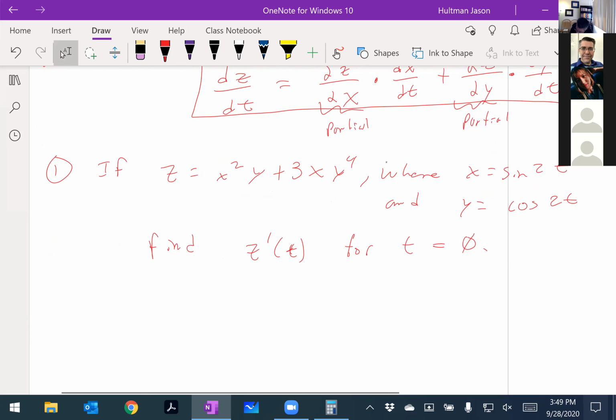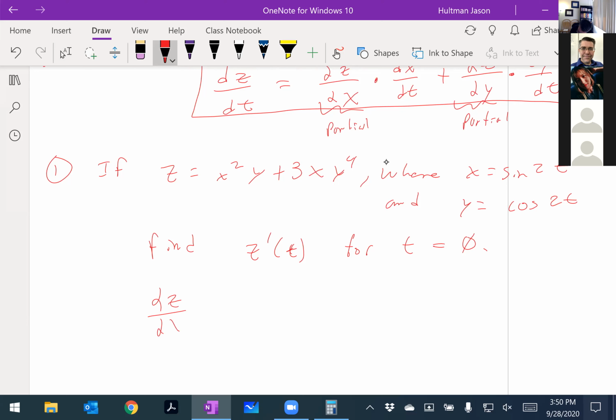So how are we going to do this? Let's find our partials first.